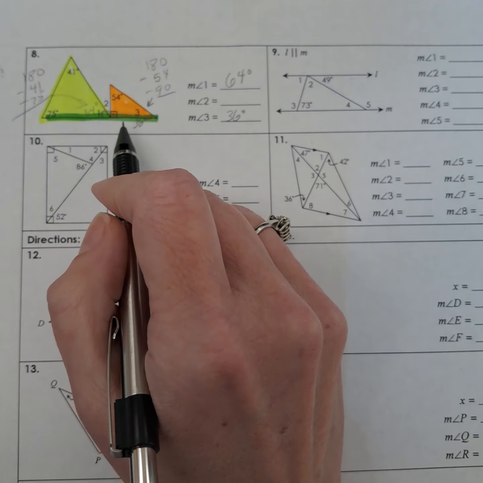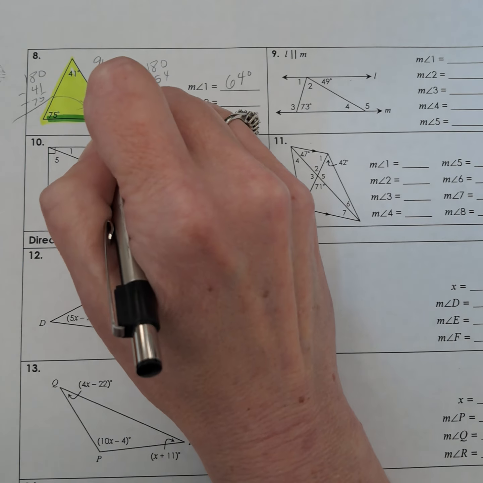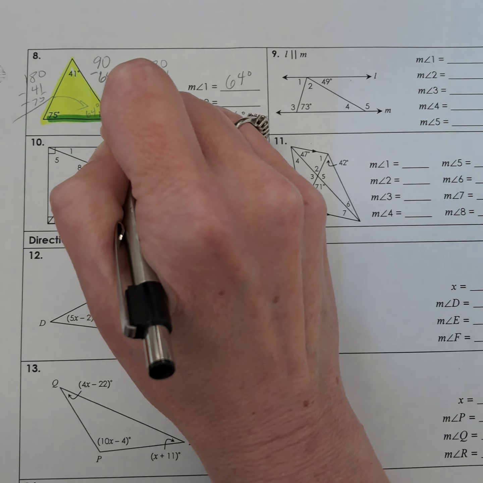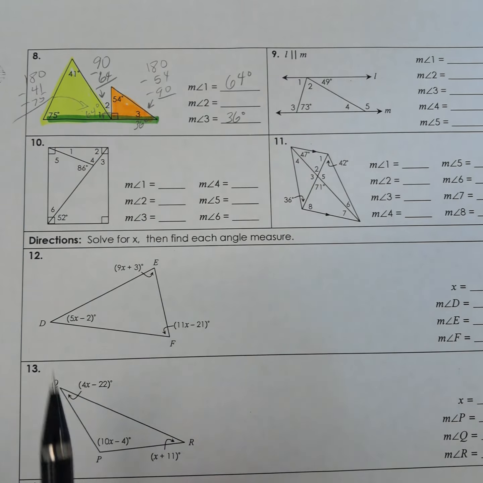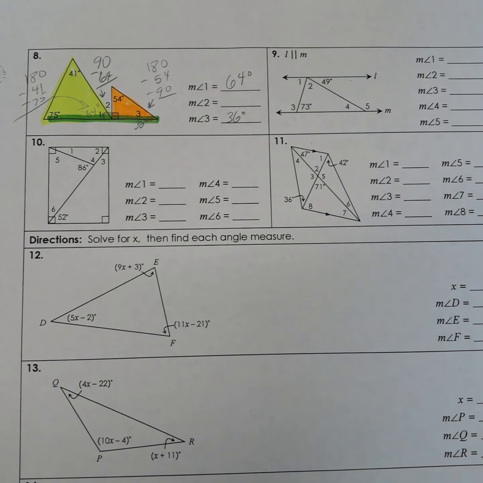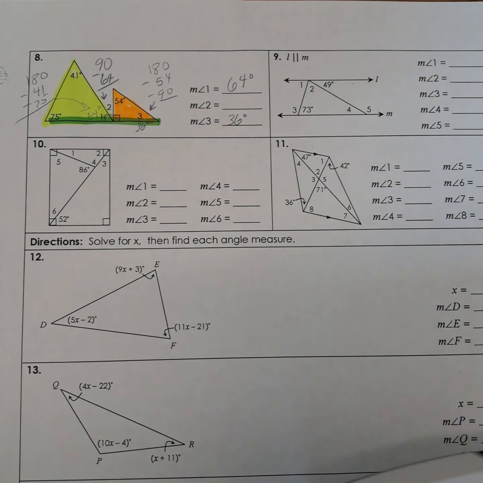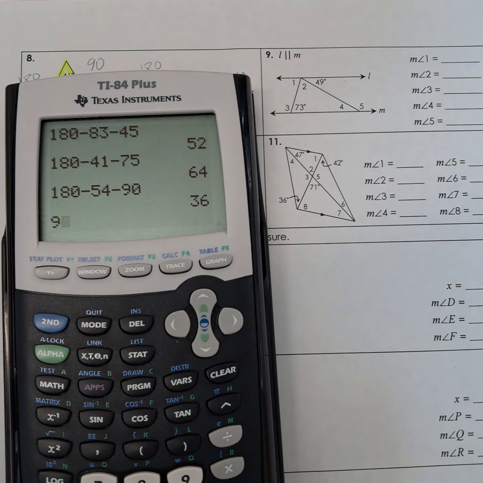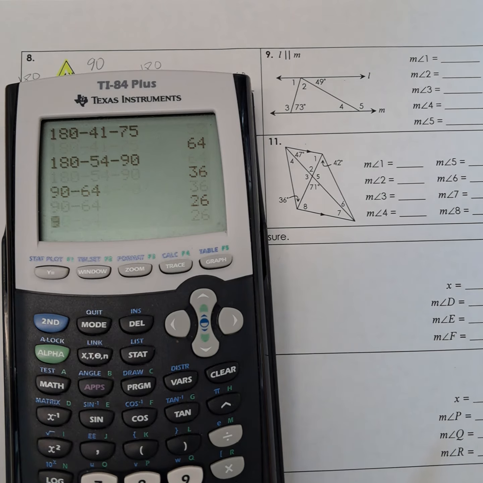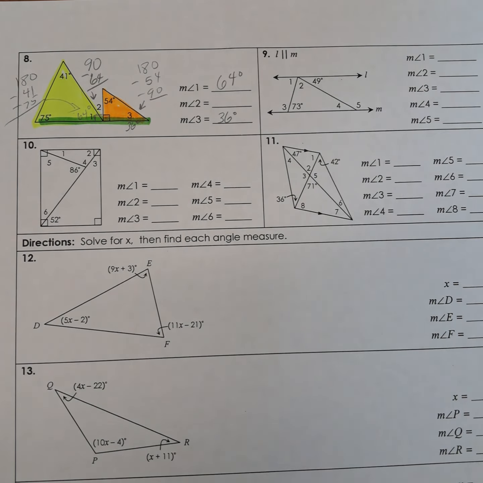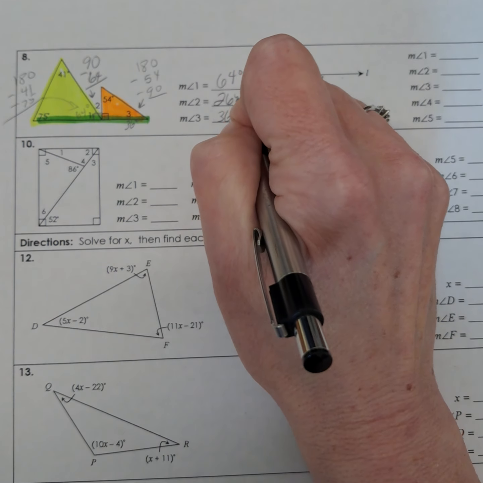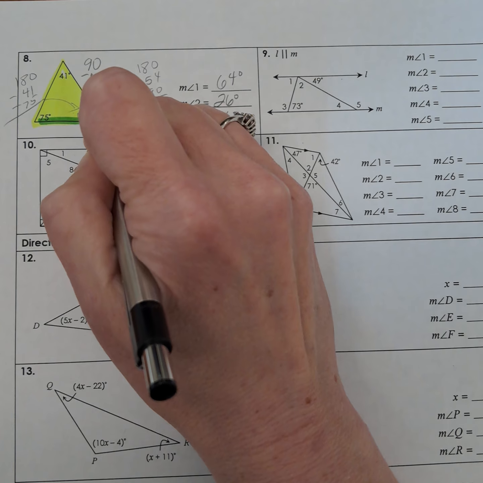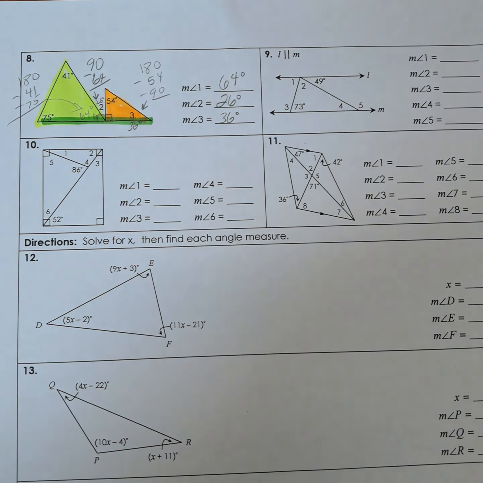So the shortcut is just to take 90, subtract 64, and that will be angle 2. If you're always looking for a shortcut to make your life easier, that would be it. 90 minus 64. Okay, looks like angle 2 is 26 degrees. All right, there's number 8.